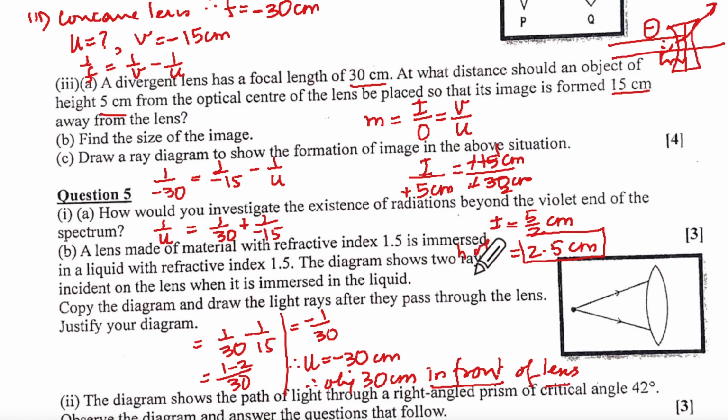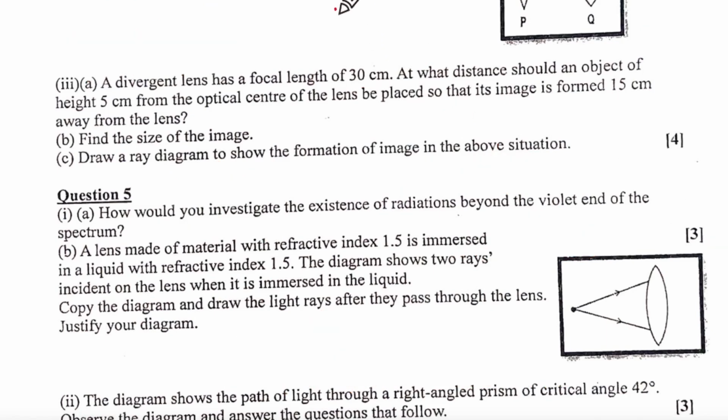Height of image: you'll write and draw the ray diagram to show the formation of image. You can do this, right? Yes. Okay. When you take the lens, this will be 2f, this will be your f, this will be 30, and the object will be at minus 30.